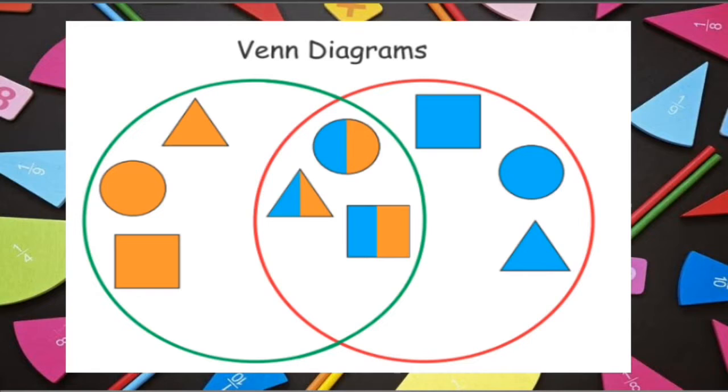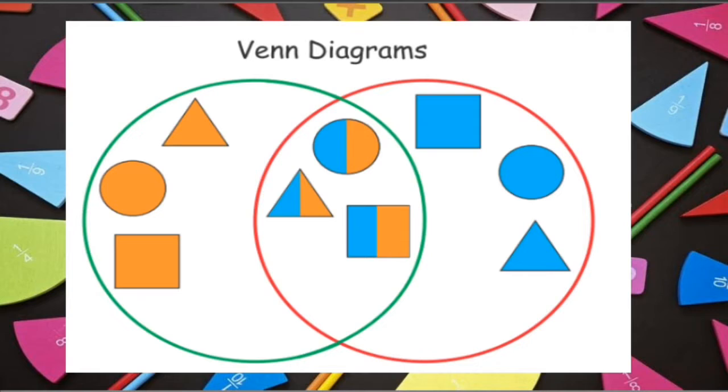Now, looking at this picture, you can see the green circle has orange shapes, the red circle has blue shapes. But in between the green and the red circle, you can see the shapes are having both orange and blue. Good. Now, let me ask you a question. What do you think is common between the shapes in the green triangle and the shapes in between the green and the red triangle?